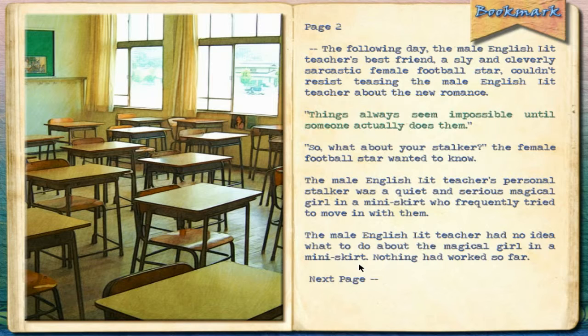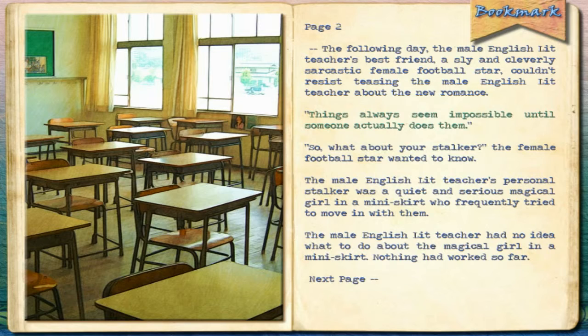Couldn't resist teasing the male English literature teacher about the new romance. Things always seem impossible until someone actually does them. Giggity. So what about your stalker? The female football star wanted to know. The male English literature teacher personal stalker was a quiet and serious magical girl in a miniskirt who frequently tried to move in with them.